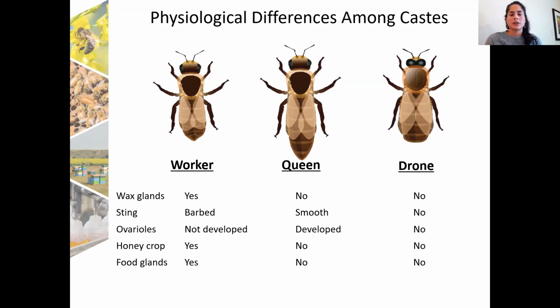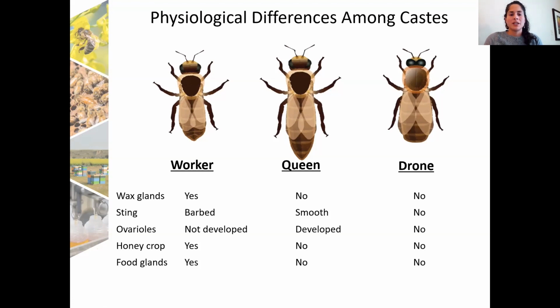Workers, like I said, are non-reproductive females, so they have ovarioles, but they're not developed. They're very, very small, and the queen is a reproductive female, so hers are developed. Workers have a honey crop, queens don't, and workers have food glands and queens don't.